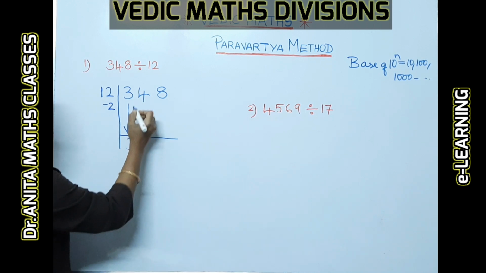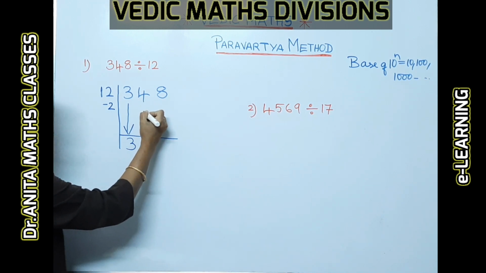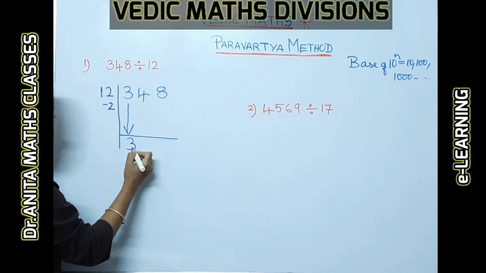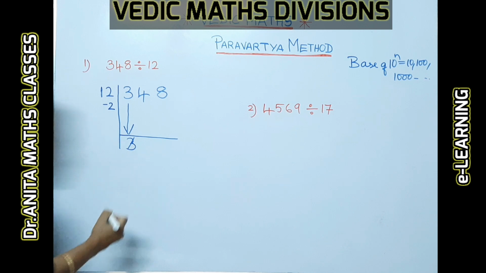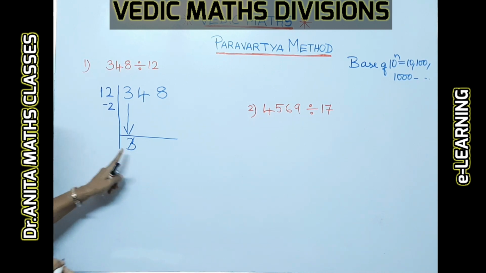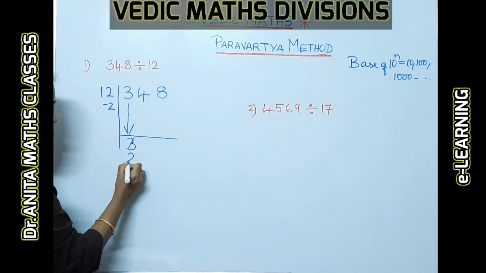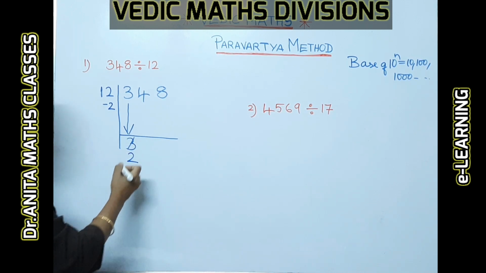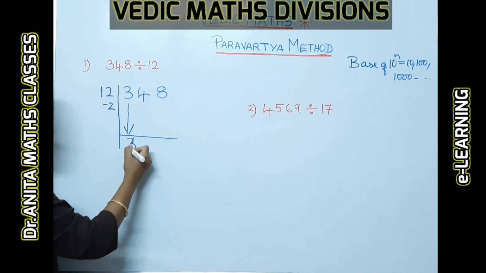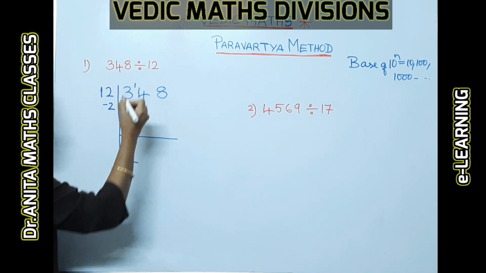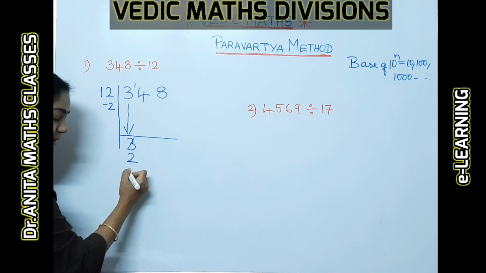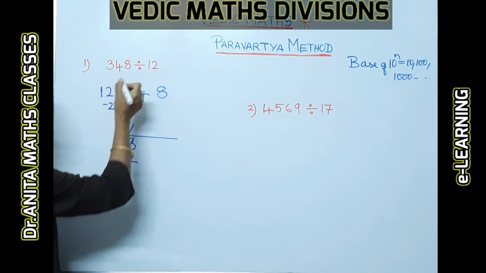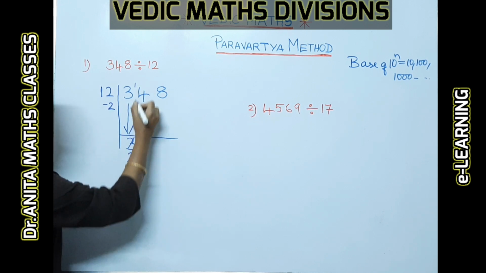So if the number is more, you have to decrease 1 from this number. I have decreased 3 to 2. However many we decrease, that much you have to carry over here. I have decreased 1, so I carry over 1.